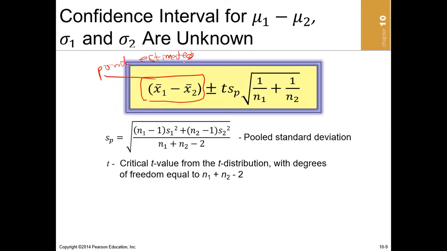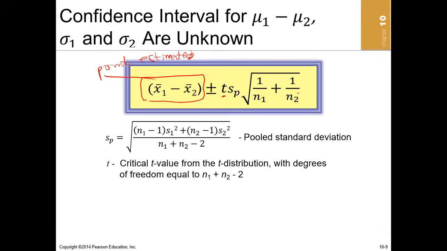The sample mean of the first group minus the sample mean of the second group, plus or minus the t-value times the standard error.